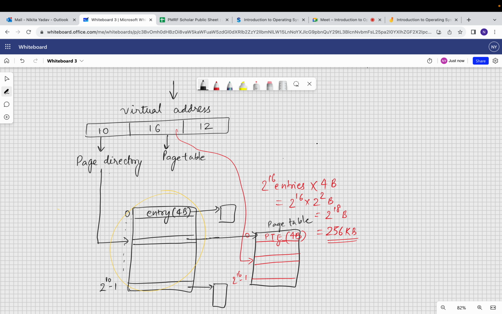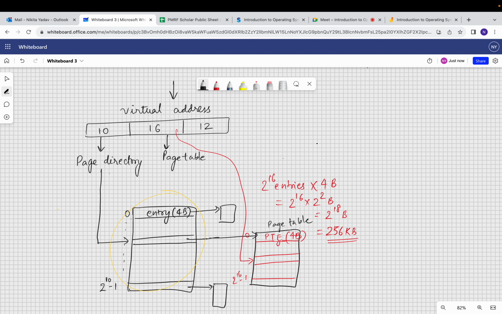I just said that if a segment of this page directory contains the page table, is that right? You shouldn't use the term segment here. The page directory also has entries. Yes, page directory entries contain a page table. Each entry contains a pointer to a page table, the address of the page table.